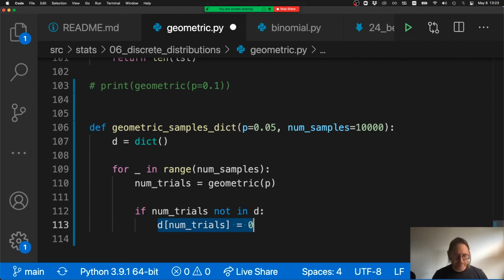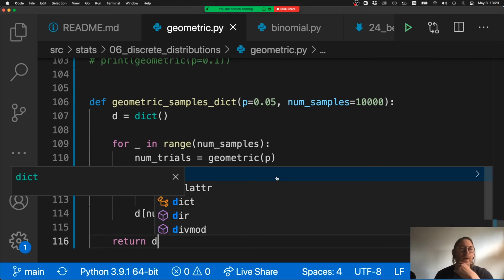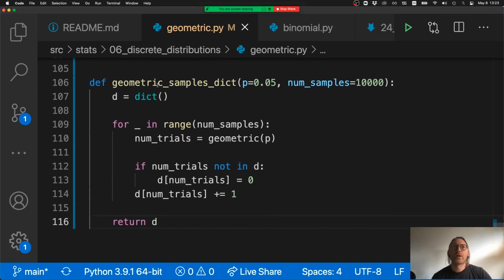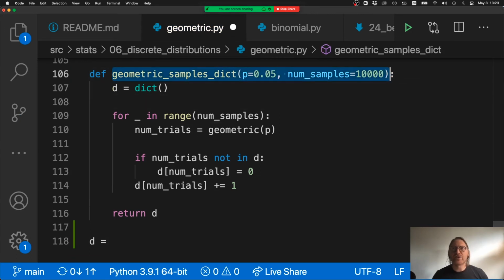And in every case, we're going to increment this. So plus gets 1. And we can return the dictionary like so. Okay. So if we want to explore this idea, all we have to do is call this dictionary and look at the output. Okay. So D is going to get this, and I'll just use the default values.